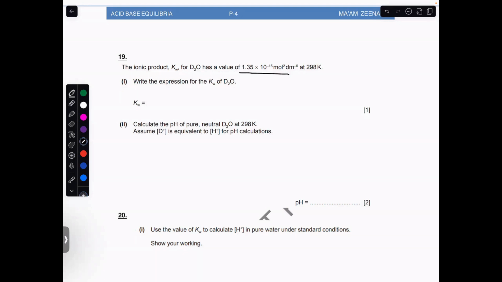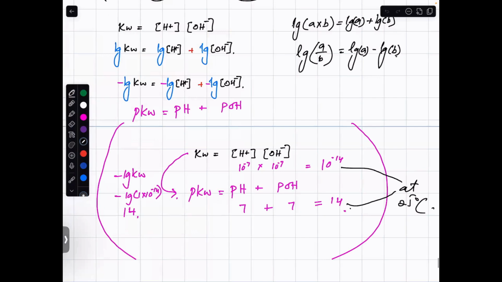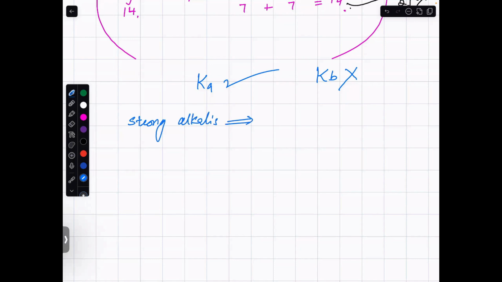Okay? Now, how you will calculate pH of alkalis? Look, we have Ka in our course for weak acids, but we don't study Kb, right? Therefore, we will deal with the strong alkalis that ionize completely.